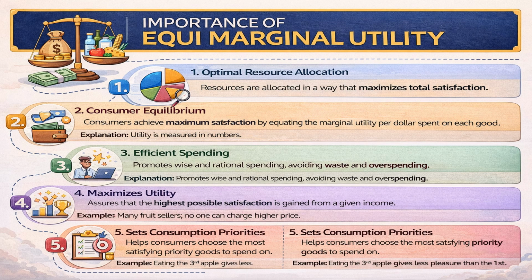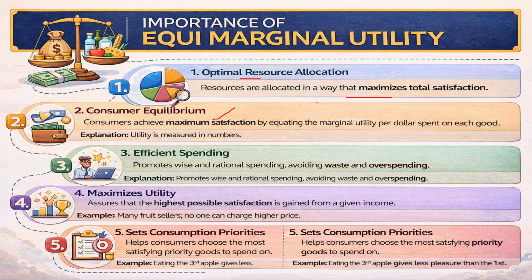Let's see the importance of equimarginal utility. The first is optimum resource utilization, where the money is allocated in such a way that the marginal utilities per rupee of both goods are the same, which maximizes total satisfaction. The second is consumer equilibrium: the consumer achieves maximum satisfaction by equating the marginal utility per rupee spent on each good.